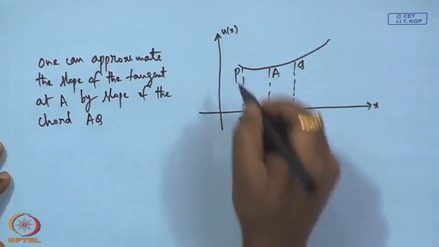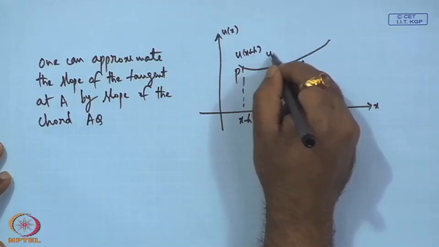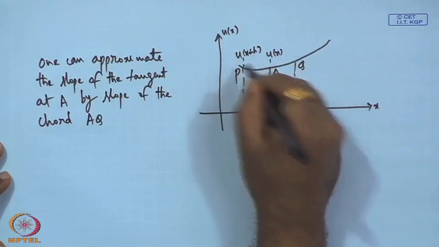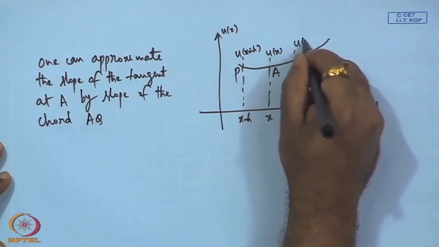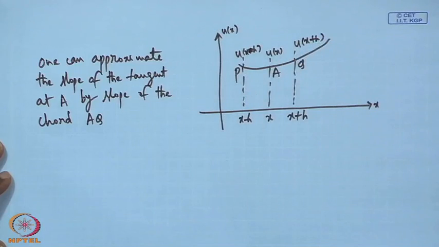So, instead of that, AQ. So, this is u of x plus h, u of x, and sorry, this is x minus h, x plus h.